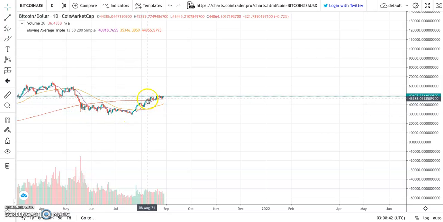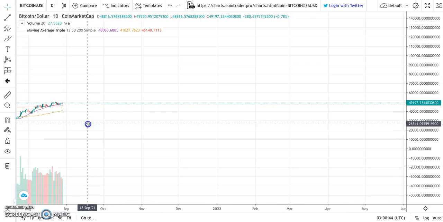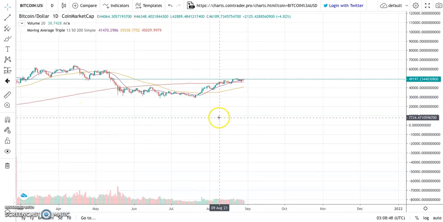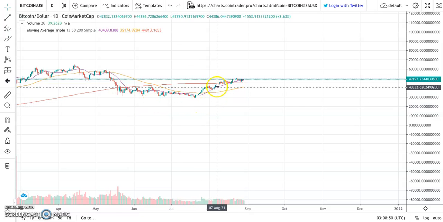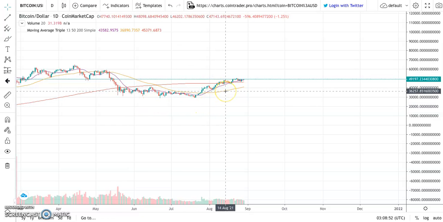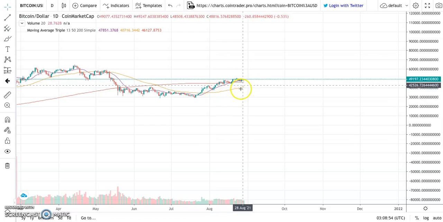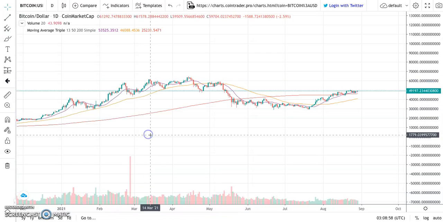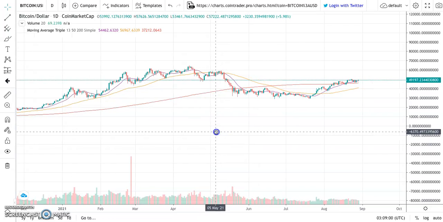It took us a while to reach above it, and right now we're still above it, but of course we need to bounce off it way further than that. That's the same with the 50 moving average and the 13 moving average as well. We want to be above all averages in a bull market. Again, a bull market is when the price goes up, a bear market is when the price goes down. That's why the bulls always fight against the bears.